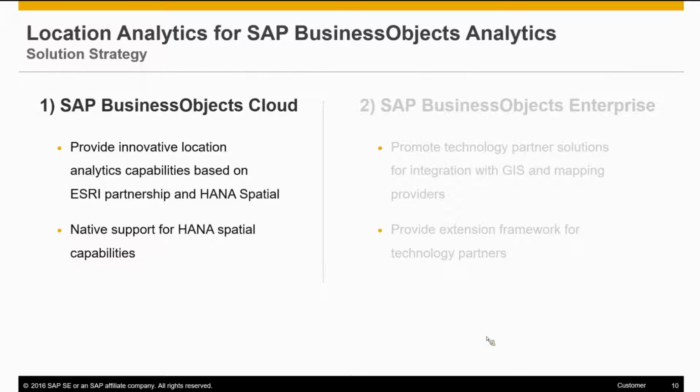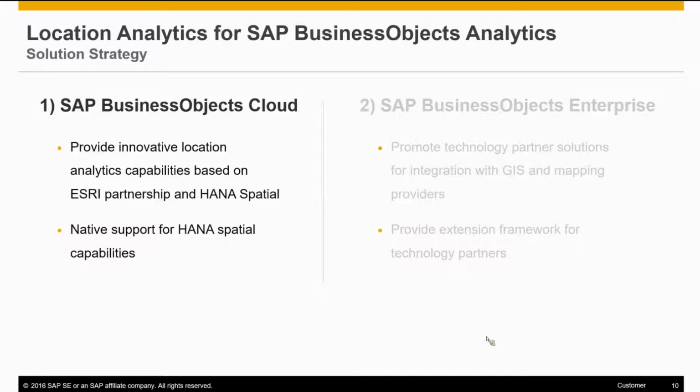With that, we can take advantage of the native HANA spatial capabilities, and that gives us a great advantage. Obviously we have this relationship with Esri, so we can take advantage of their great depth of knowledge and the capabilities that are available, and the fact that many SAP customers are also Esri customers, and so they already have significant investments in their Esri GIS systems.